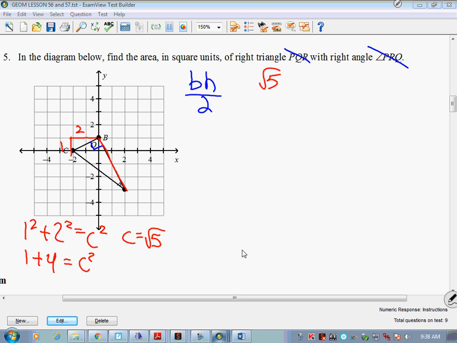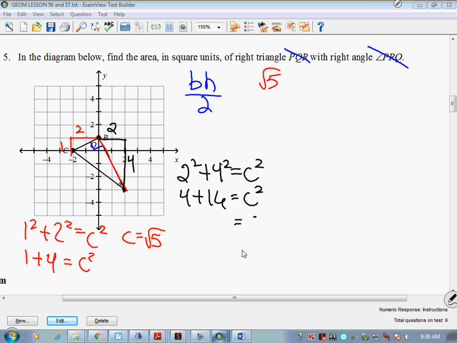So this is my height, so I need to find that length. I'm simply going to go over and down. What numbers are going to constitute my right triangle for my back diagonal here? 2 and 4. So let's come over here. That gives me 2 squared plus 4 squared equals C squared. 4 plus 16 equals C squared.